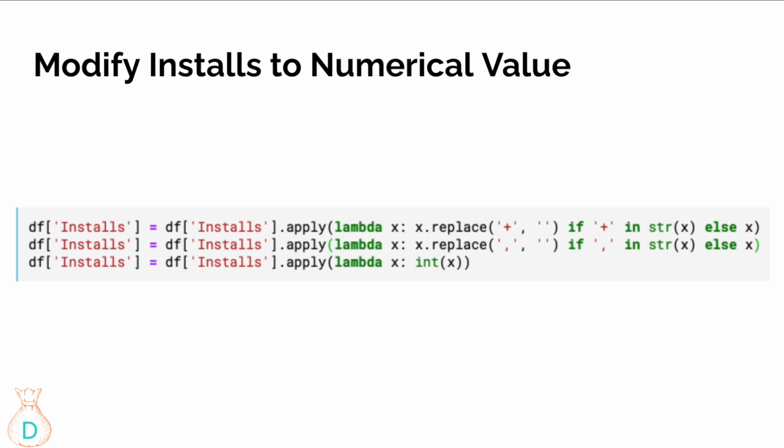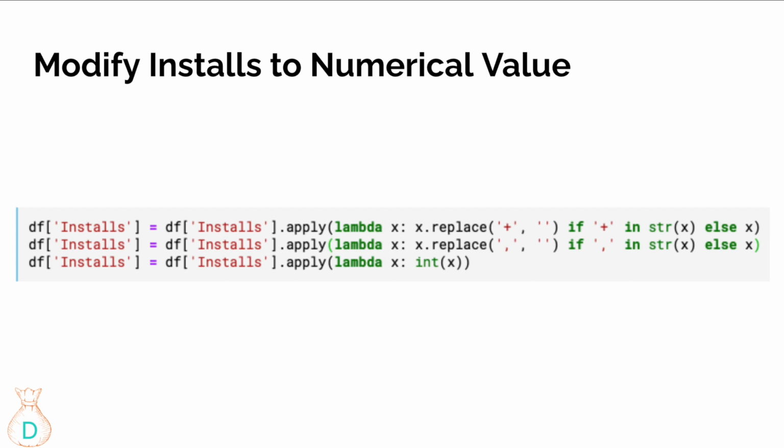This is pretty much like a loop where you're looping through every single row and applying logic: if there is a plus sign in the string in the installs column, then we replace the plus sign with an empty string, else, if there is no plus sign in your values, we just leave it as is because we don't need to replace anything. We do the same for the comma, removing it with an empty string.